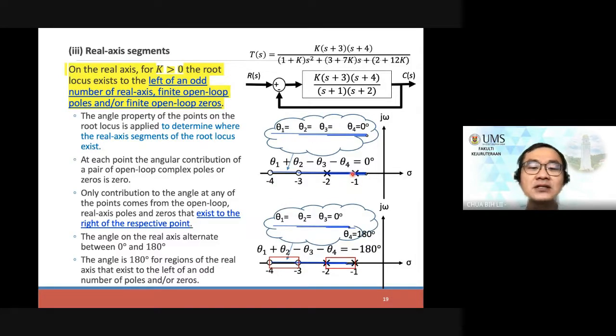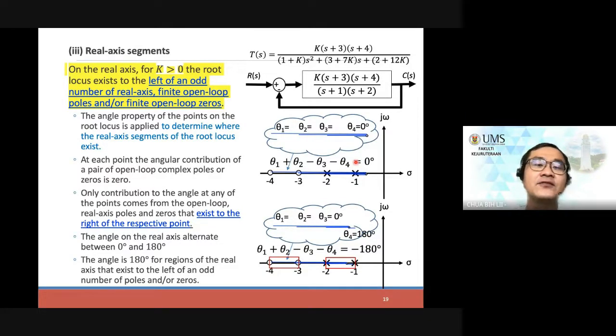The first 2 points, we have one real root locus lying along these positions, and then the next segment will have no root locus, and then the second segment will continue, depending on the number of poles and zeros lying along the real axis.